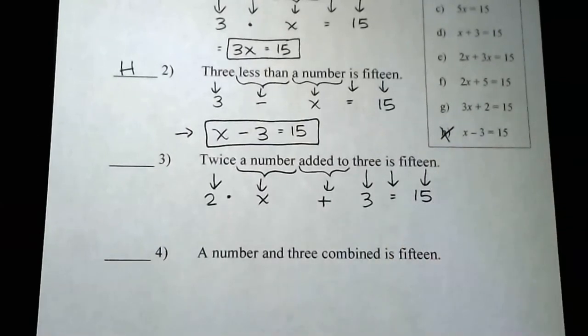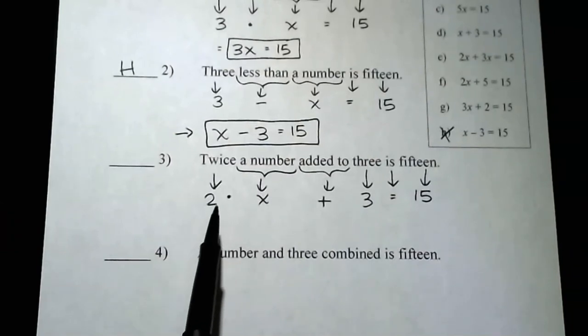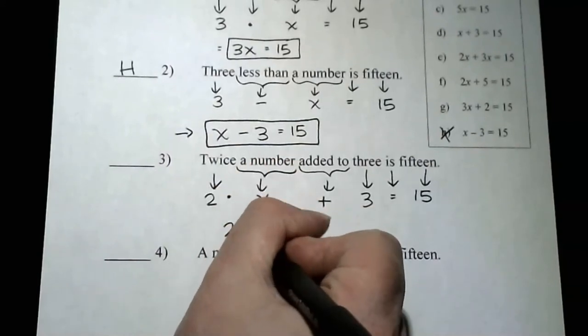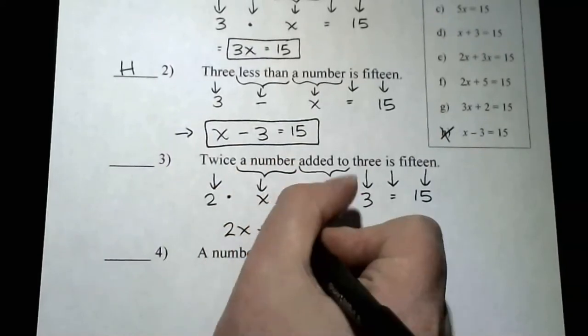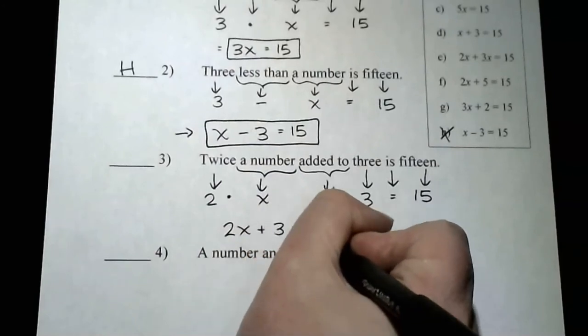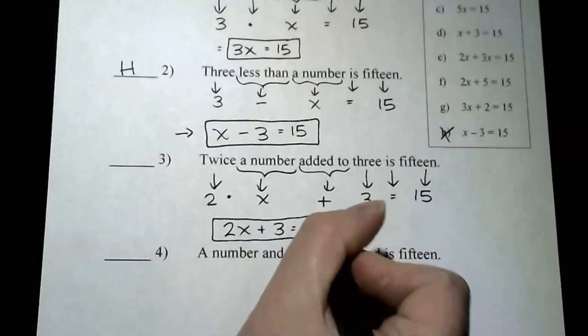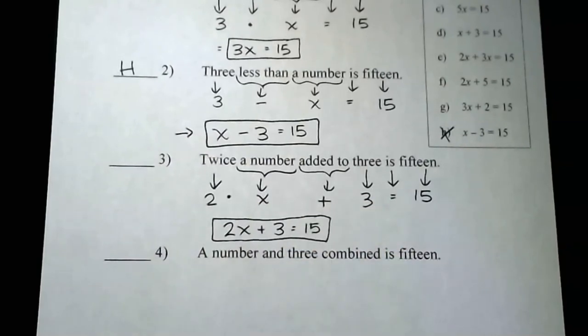So there's my rough translation, and then I'm going to clean it up. The only thing I can really do with this is take the 2 times x and make that 2x instead. So 2x plus 3 equals 15 would be that one. That makes that A.